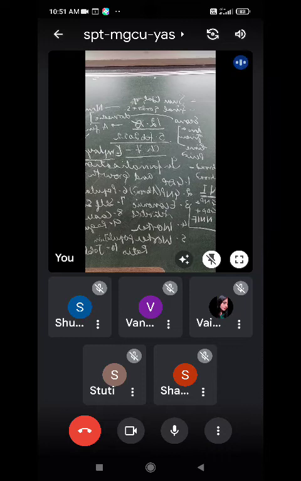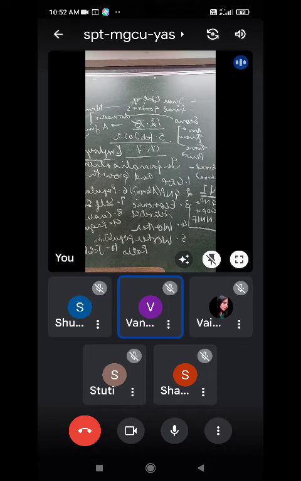Formula: number of workers in India divided by population of India into 100.